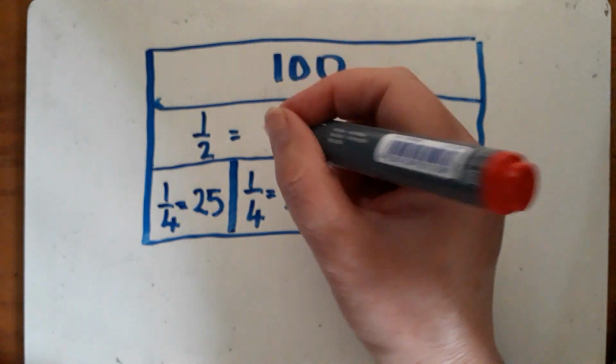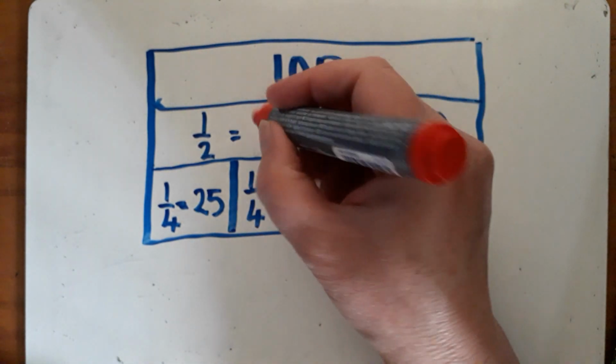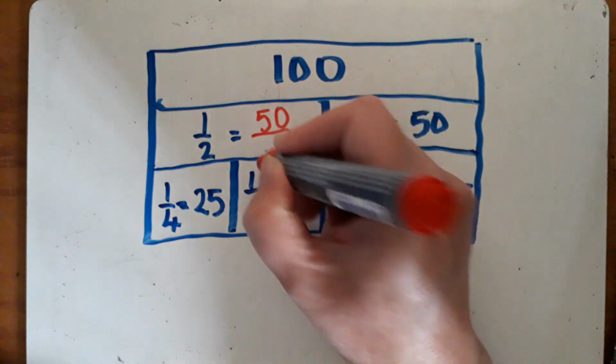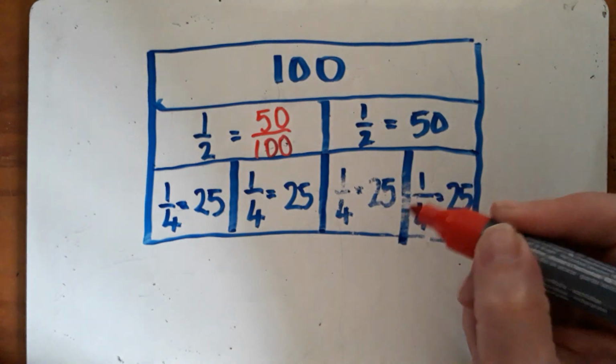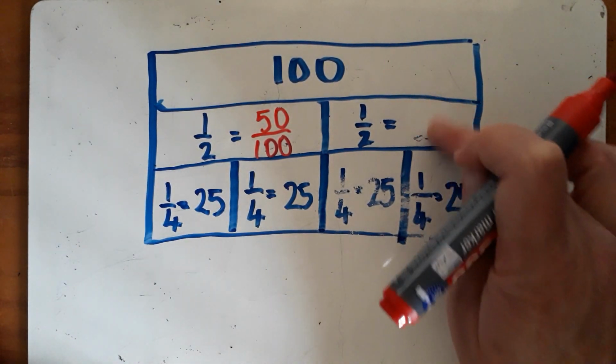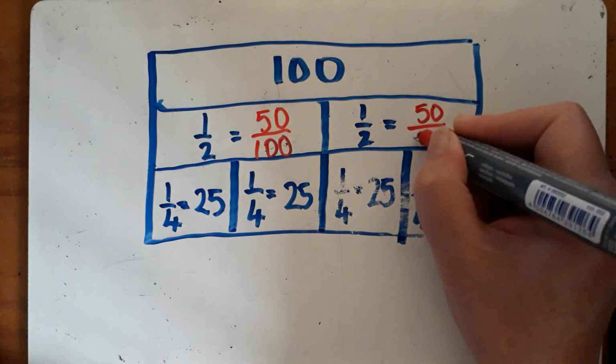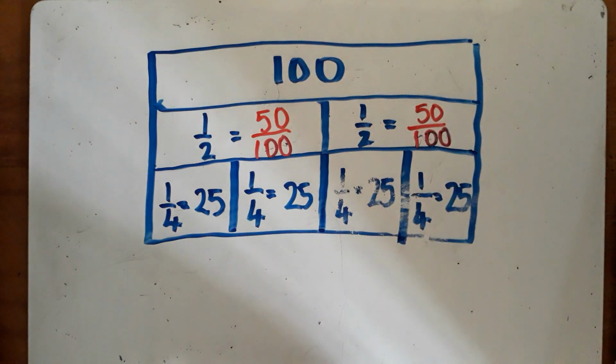We know that half of 100 is 50, so we write this as 50 over 100, and this one is obviously equivalent, 50 out of 100.